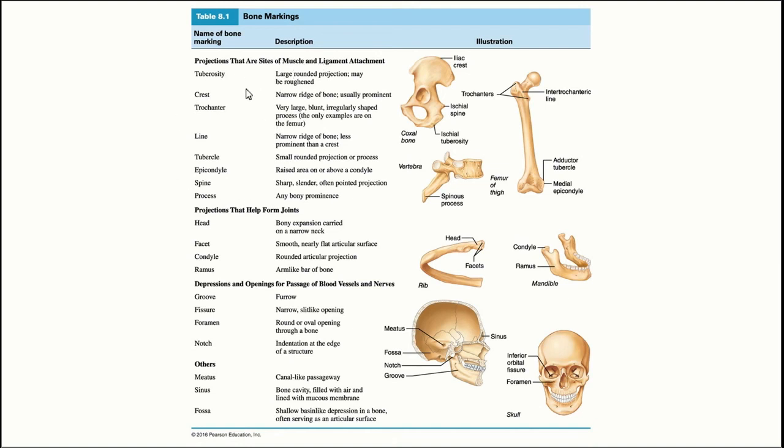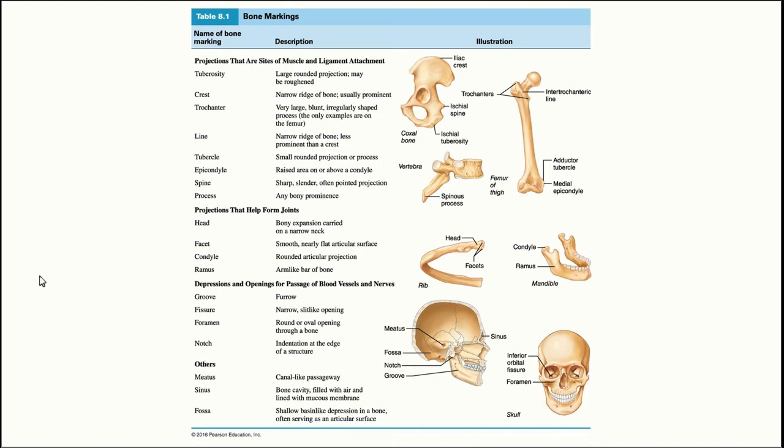There's a couple of terms here and their descriptions. I'd like you to review all of the projections that help form joints, and there are 4 of those. The depressions and openings for passages of blood vessels and nerves, and there are 4 of those as well, as well as the other bone markings category, of which there are 3.